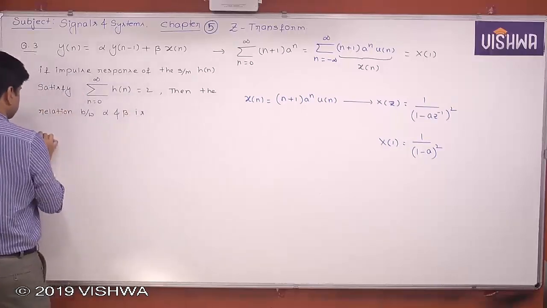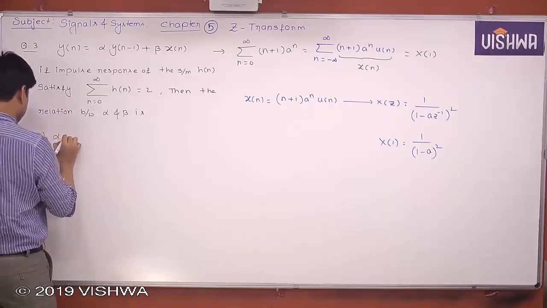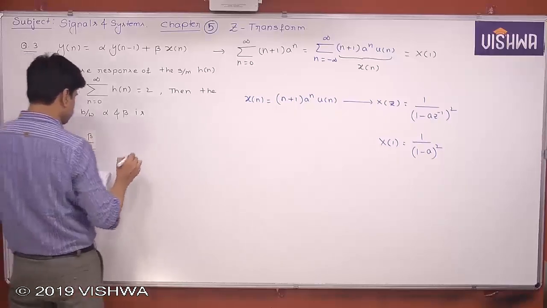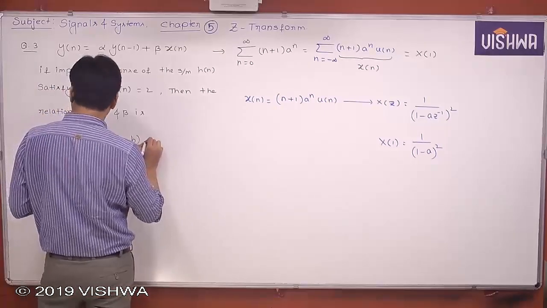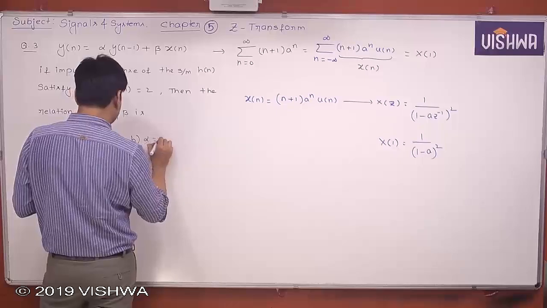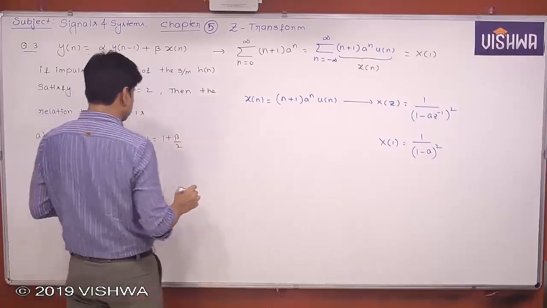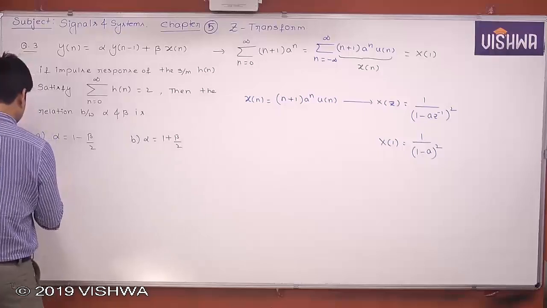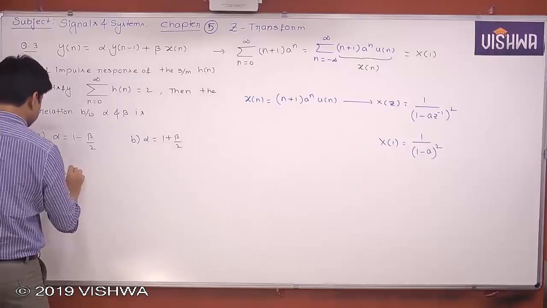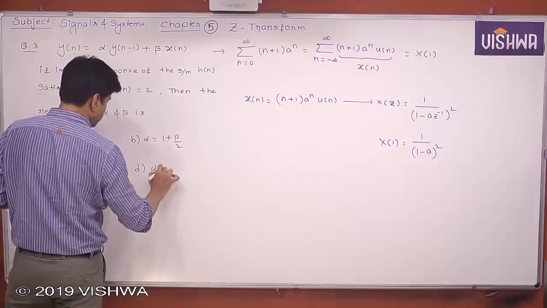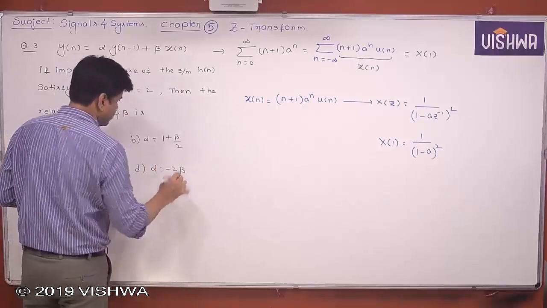Options. Option A, alpha is equal to 1 minus beta by 2. Option B, alpha is equal to 1 plus beta by 2. Option C, alpha is equal to 2 beta. Option D, alpha is equal to minus 2 beta.